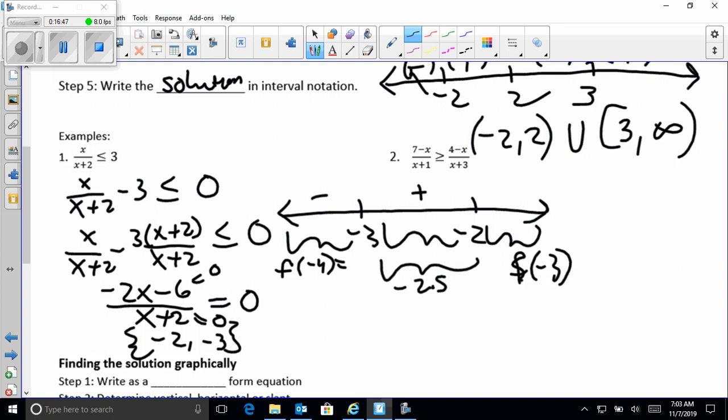When we do that, we end up getting a negative value. And again, I kind of just look at it, and I'm like, oh, -3 over -3 plus 2. I can see there's going to be a negative over a negative, so that's going to be a positive.